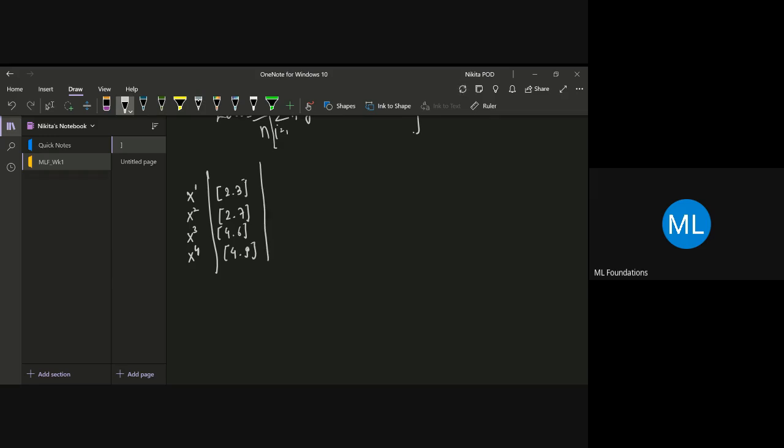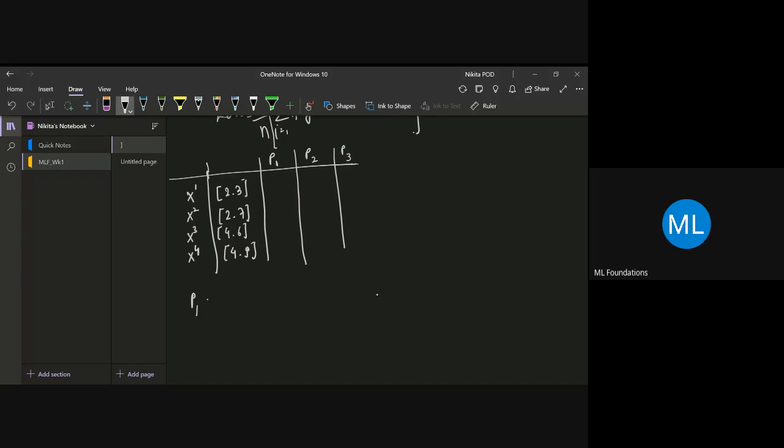Now let's say I have been given three models for it. So one is P1, the other is P2, and the other is P3. Now, what does P1 say?